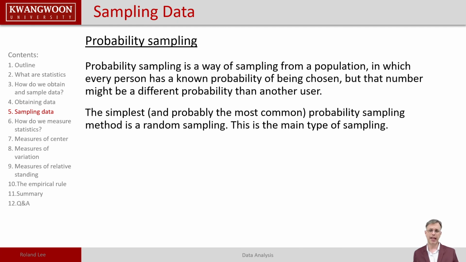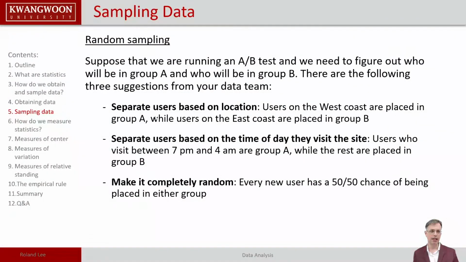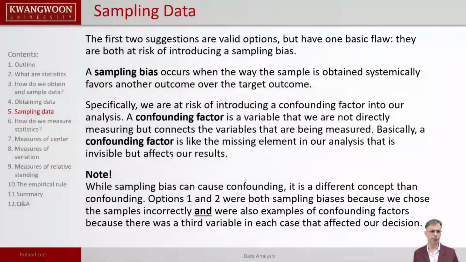So we then learned about sampling data, so probability sampling, and the simplest method of probability sampling is random sampling, and we see here some random sampling ways.